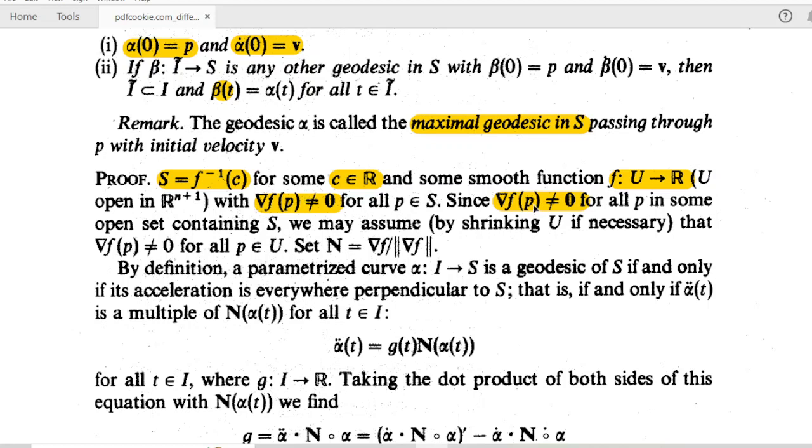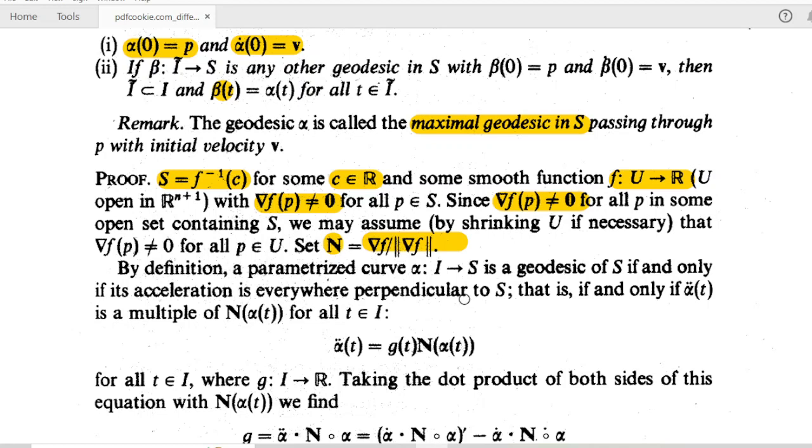And we know that U is an open set containing S. Then we can say that nabla f is not equal to 0 for all p belongs to U. Since p is in U, it is definitely non-zero. We set the normal vector capital N bar equal to nabla f by norm of nabla f. So this is the general setting of the unit normal vector.